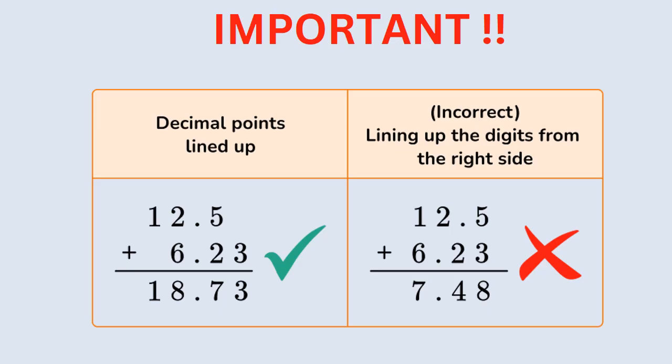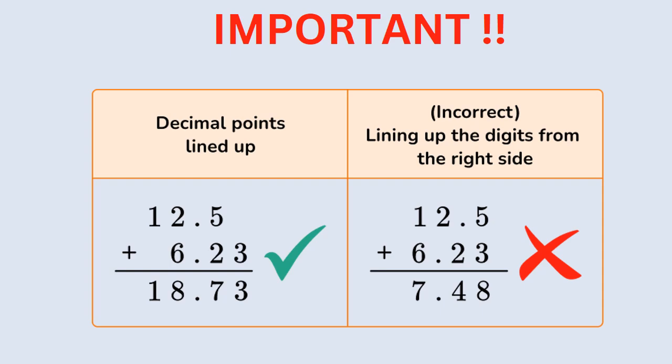So once we do this, you will be ensured to get the right decimal placement and correct addition can be done. However, towards the right side, if we see, we have not placed 6 below 2. We have just placed it just below 12.5 without considering the decimal point, which is completely wrong.